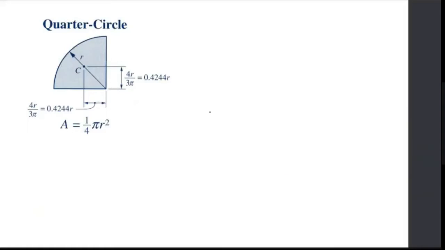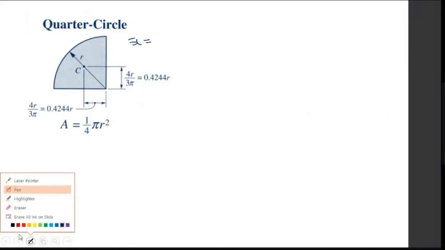Similarly, if I consider a quarter circle, something like this, this distance is 4r by 3 pi, and similarly this is my other distance, which is 4r by 3 pi, right? In this case, my area is pi r square by 4.